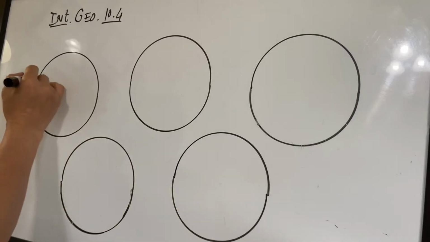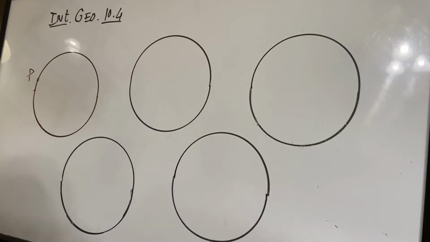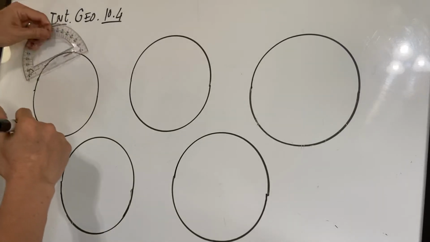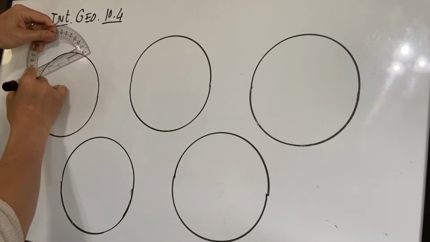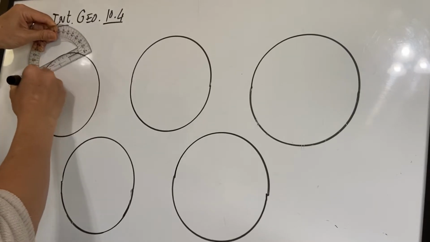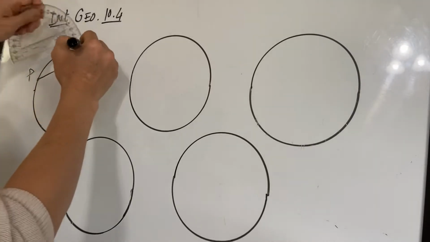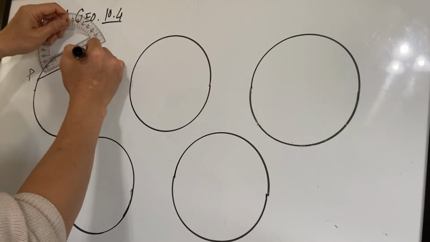If I have a vertex, or a point on the circle, let's call this point P. If I want to draw an inscribed angle, I will make two chords on the circle, or I can make a ray out of that, that is fine too.